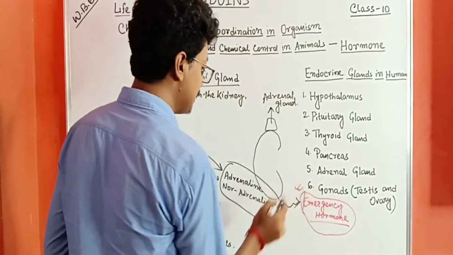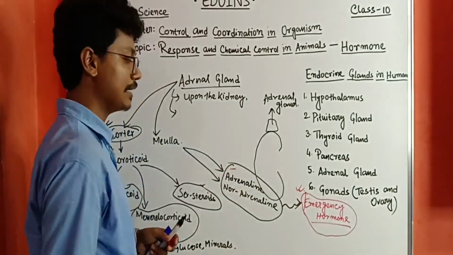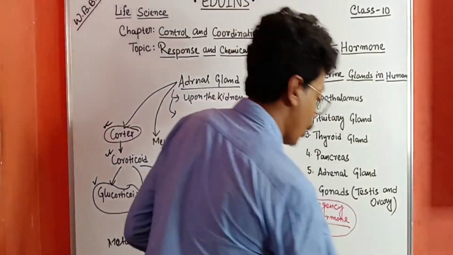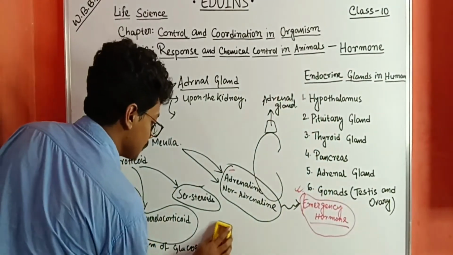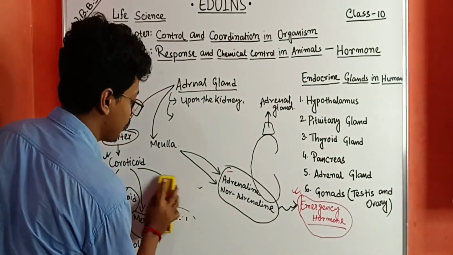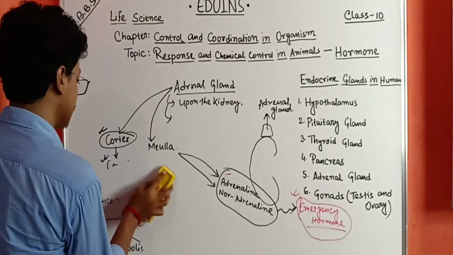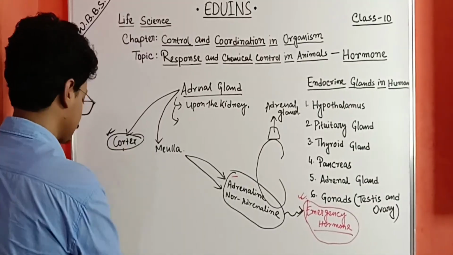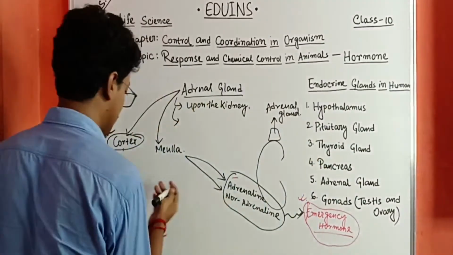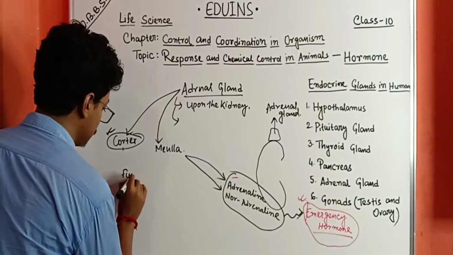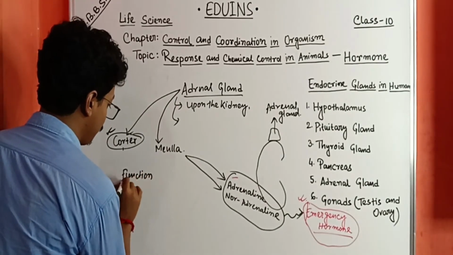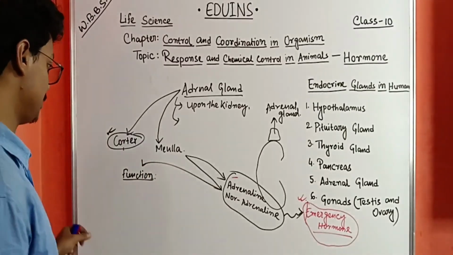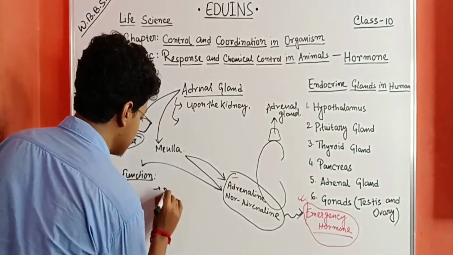These hormones are released to prepare our body to overcome these conditions. So the functions of adrenaline and noradrenaline are as follows.